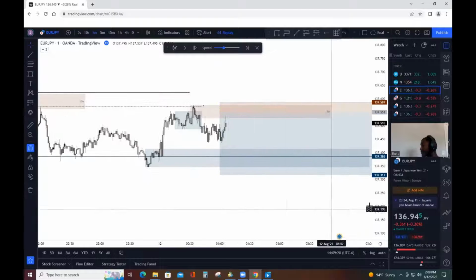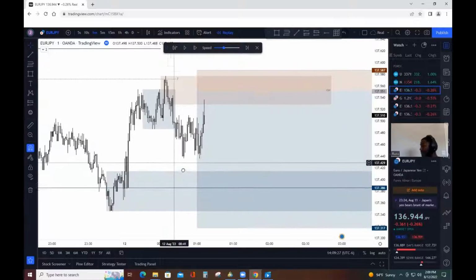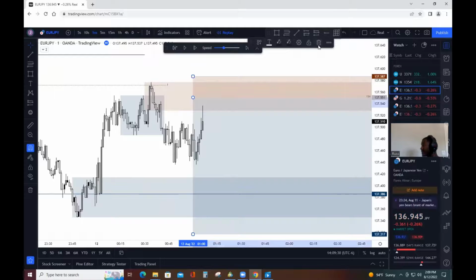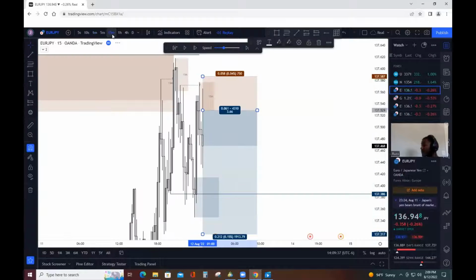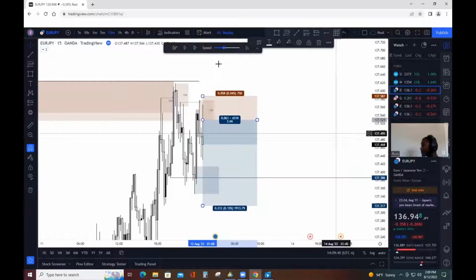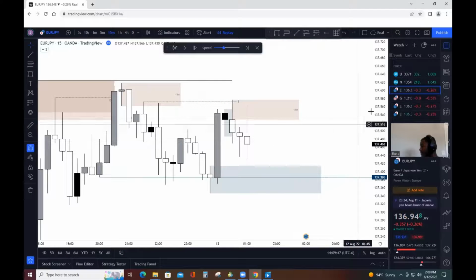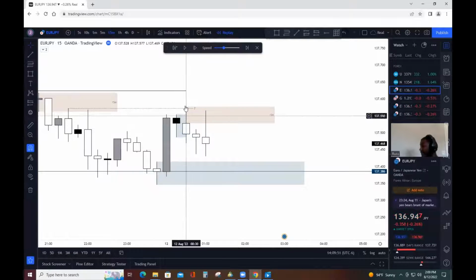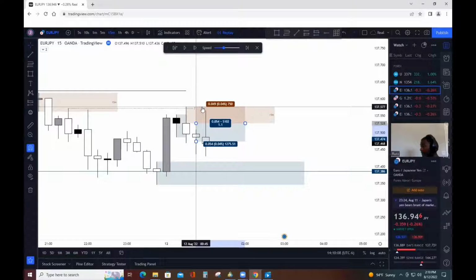And then eventually, so I'll take this off. But just based off of the 15-minute, sweep happened, came up, swept, didn't touch this demand zone, came back into the unmitigated wick, just like the entry model. One pip above.